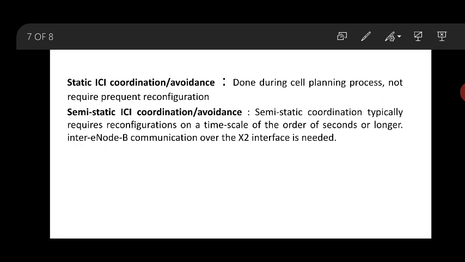The main factor for ICI is a scheduler implementation issue at the E node B's. To assist such coordination, the LTE system defines E node B power restriction signaling in the downlink direction. That is the basic importance of ICI in the downlink.